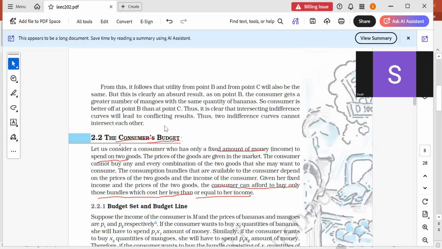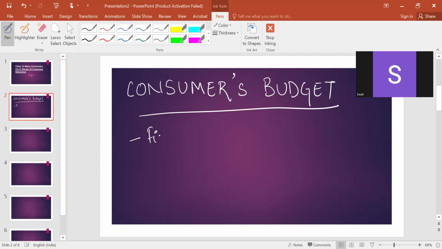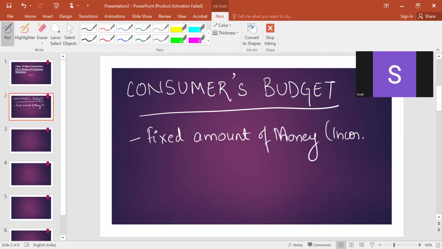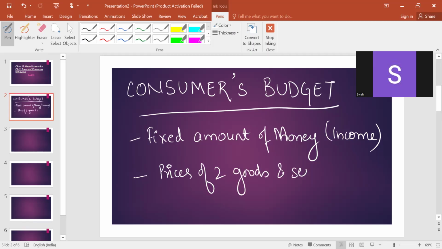Let's say the consumer's budget is a fixed amount of money, or we say income. Now, the prices of the two goods and services are given to us.